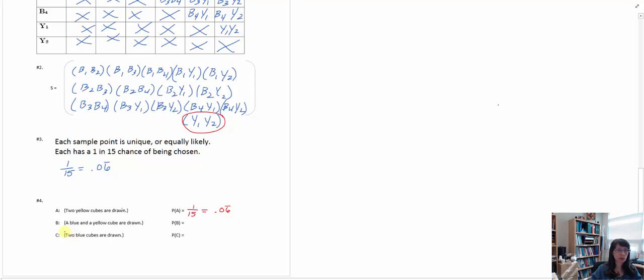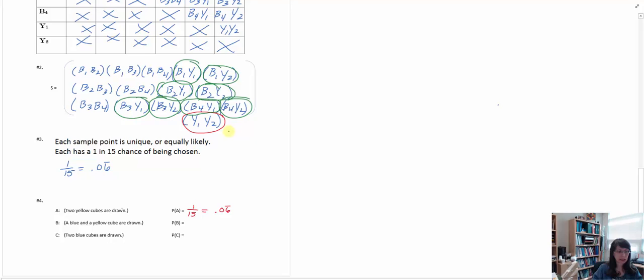Next, we're going to look for all the sample points that match event B. A blue cube and a yellow cube are drawn. So the first one, that's 2 blue, blue, here's a blue and yellow, another blue and yellow, there's another blue and yellow. So I'm looking for all sample points with 1 blue and 1 yellow.